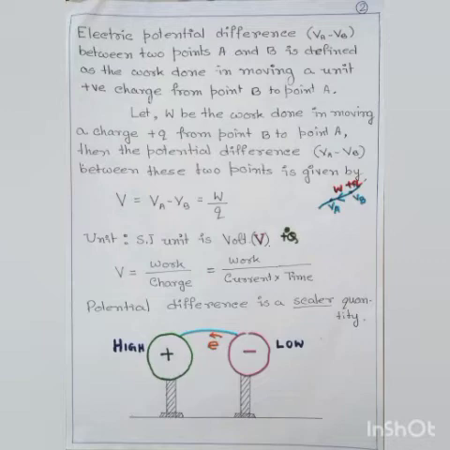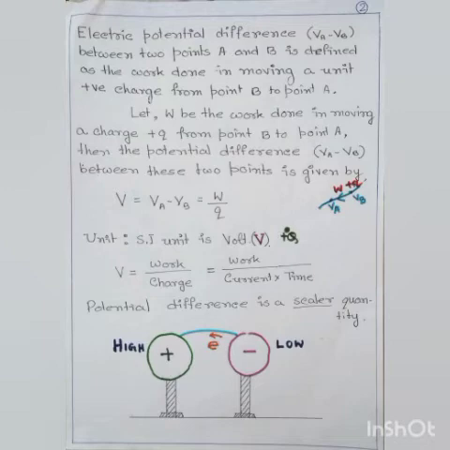Therefore, electric potential difference, that is VA minus VB, between 2 points A and B is defined as the work done in moving a unit positive charge from point B to point A. And let us consider W be the work done in moving a plus Q charge from point B to point A. Then the potential difference, that is VA minus VB, between these 2 points is given by, how to write?